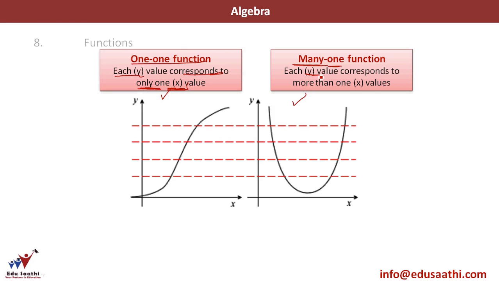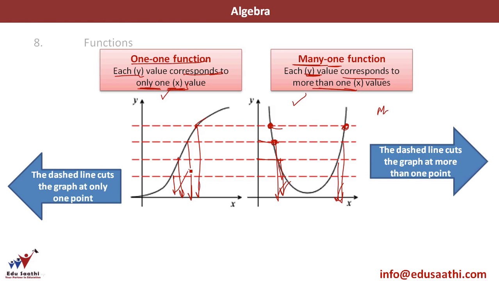The value of y corresponds to more than one x value. So this value of y has come from these two different values of x. For this value of y, again there are two different values of x. So this is a many-one function, and for this value of y, I have only one input. Only one input, only one input.